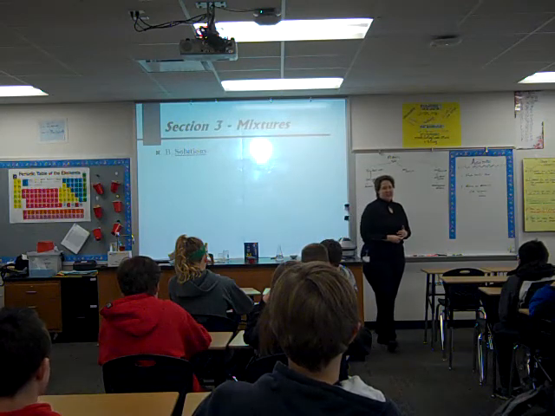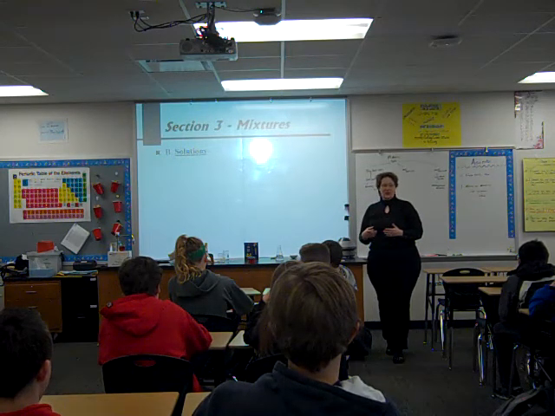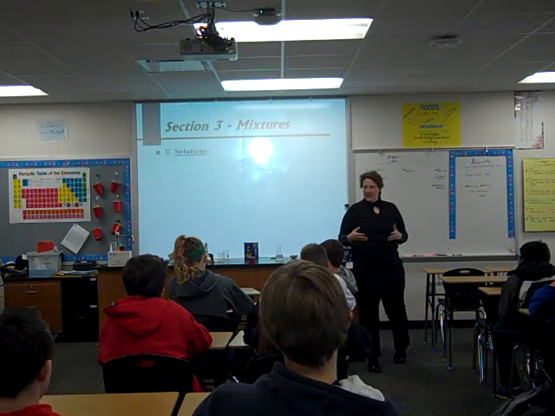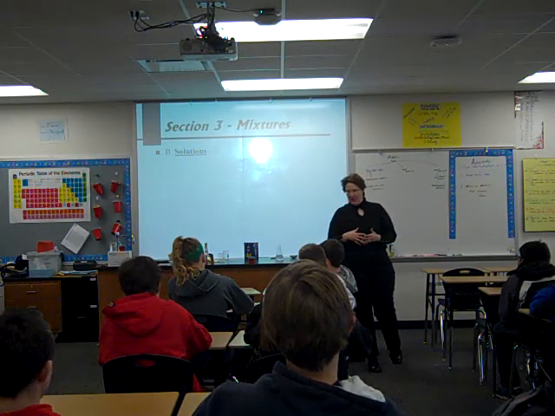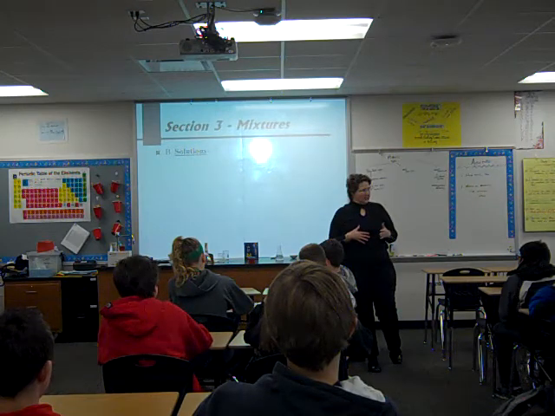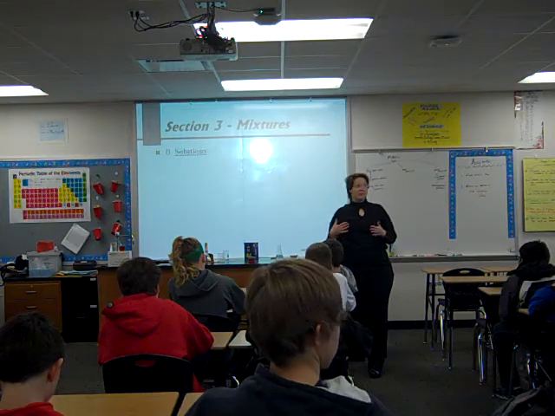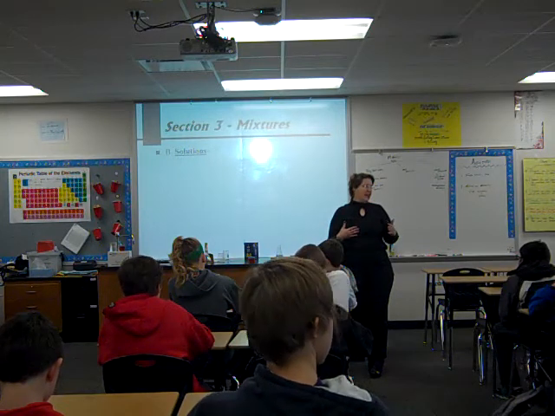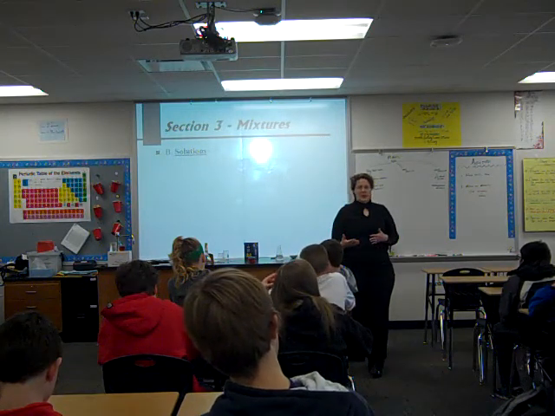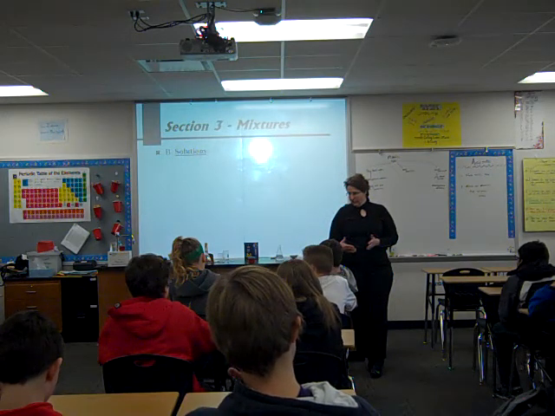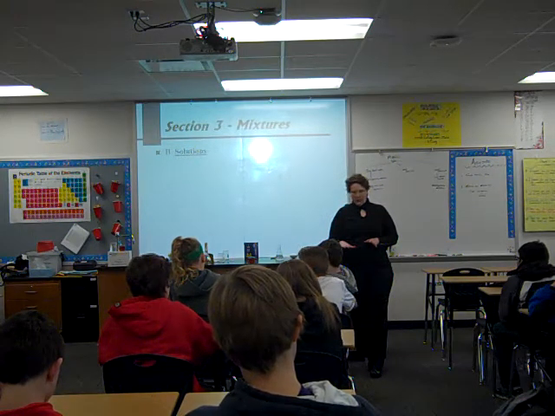If you have dirt and water, the water looks dirty, but you can't actually see the particles of dirt. Does this sound familiar? Those particles are still considered big enough to be a heterogeneous mixture because those particles of dirt will settle out. Does that make sense?